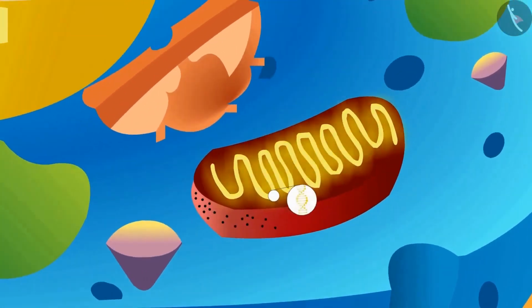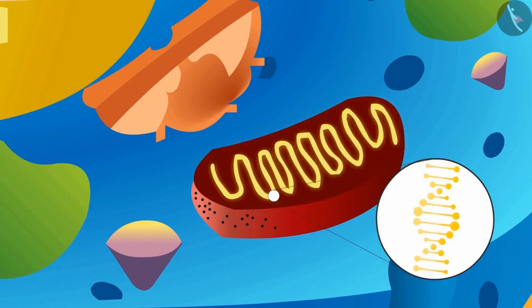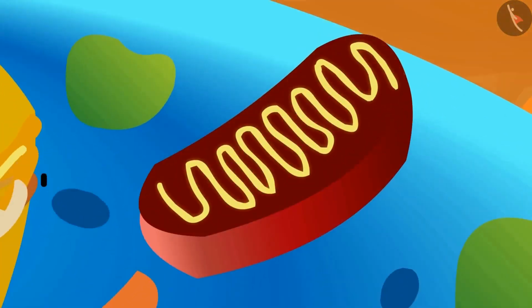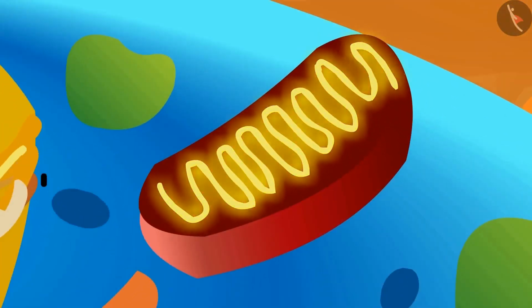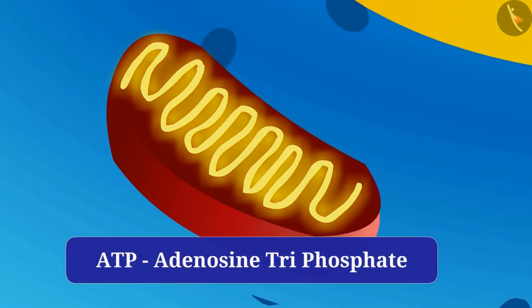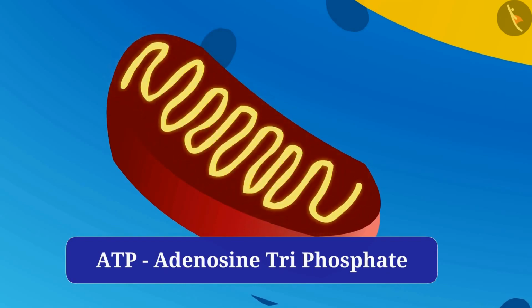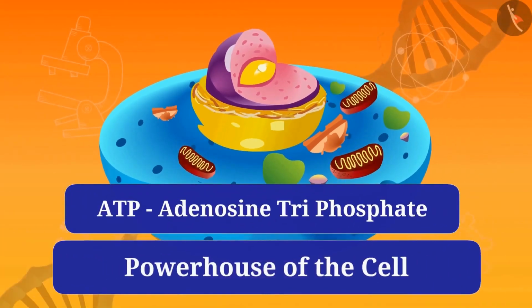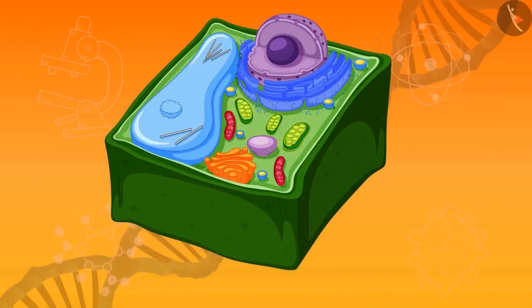The mitochondria have their own DNA and ribosomes that can make proteins and energy in the inner membranes. Mitochondria provides energy in the form of ATP, that is, adenosine triphosphate, to the cell to perform the necessary chemical reactions. For this reason, it is also called the powerhouse of the cell. So guys, you saw mitochondria make energy for the cell.